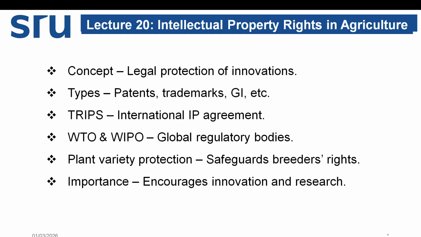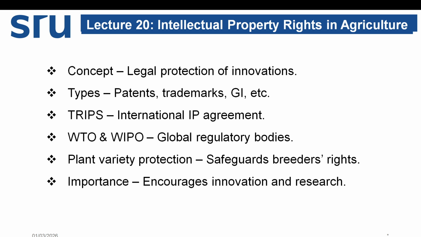Lastly, in lecture number 20, we will see intellectual property rights in agriculture. First the concept of IPR, that is, legal protection for innovation. What are the types of intellectual property rights?